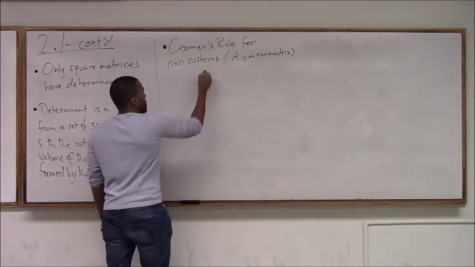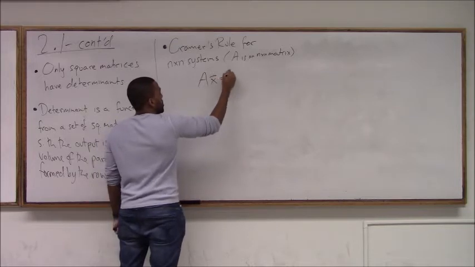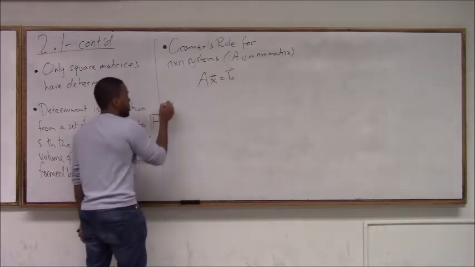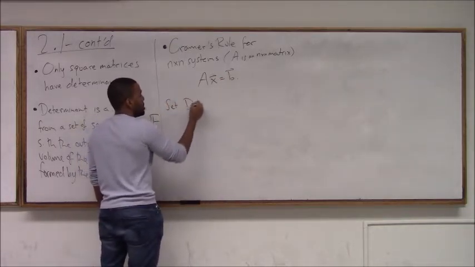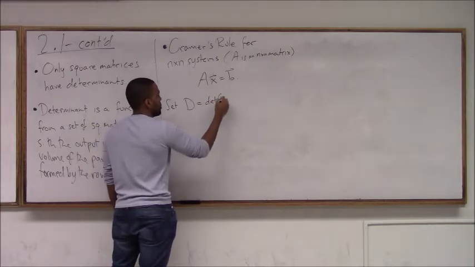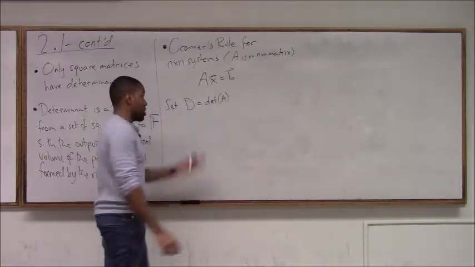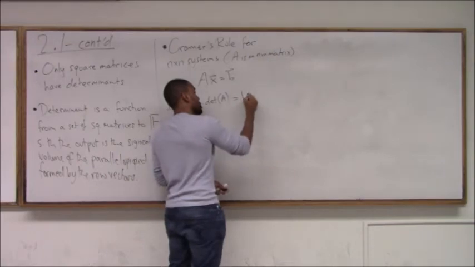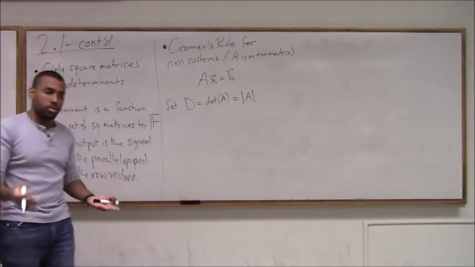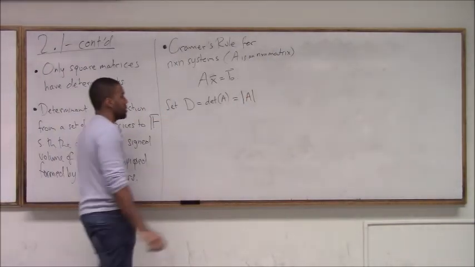If you have a system AX equals B, and if we set D to be the determinant of A, and we had another notation for that. We use absolute value bars for matrices, it means determinant.